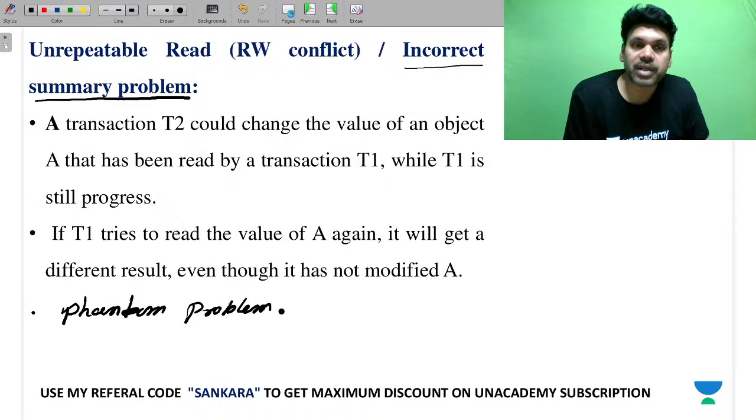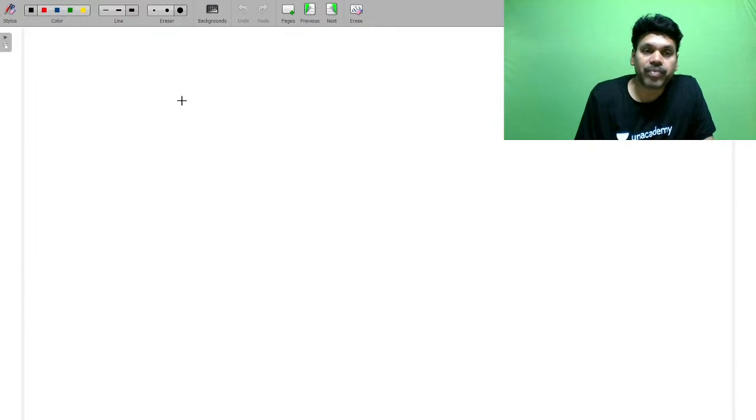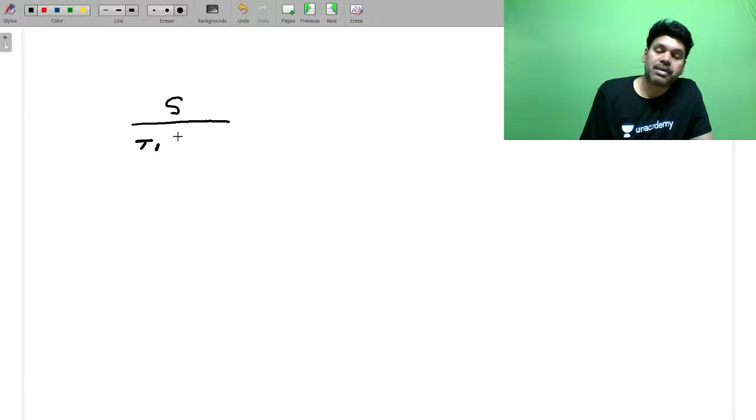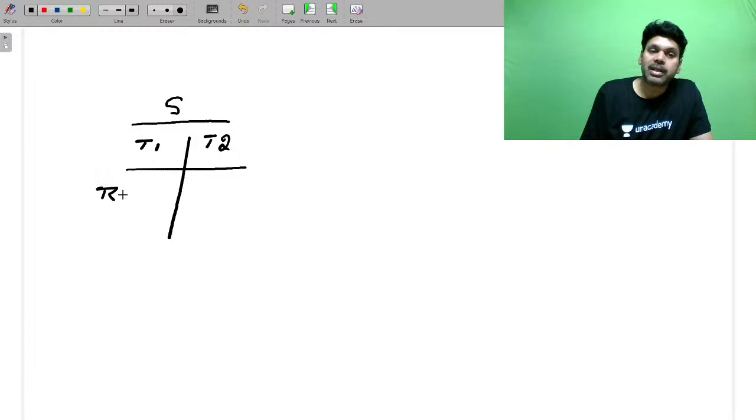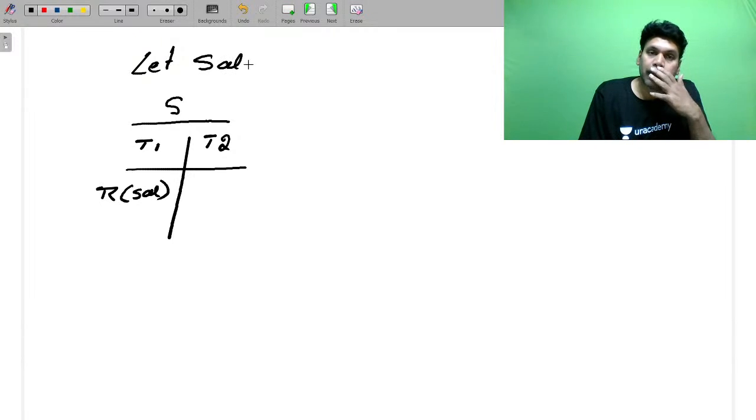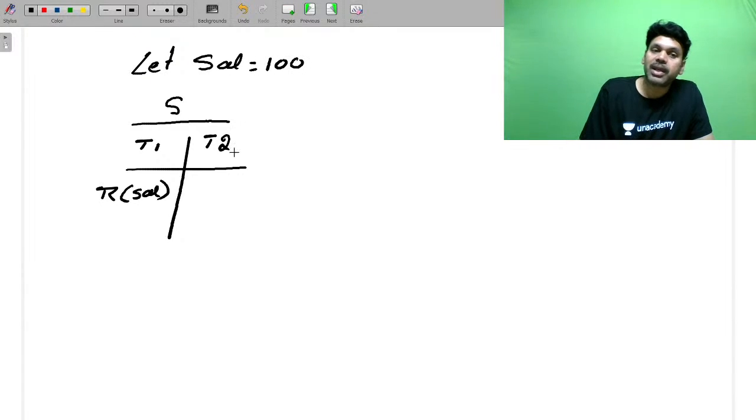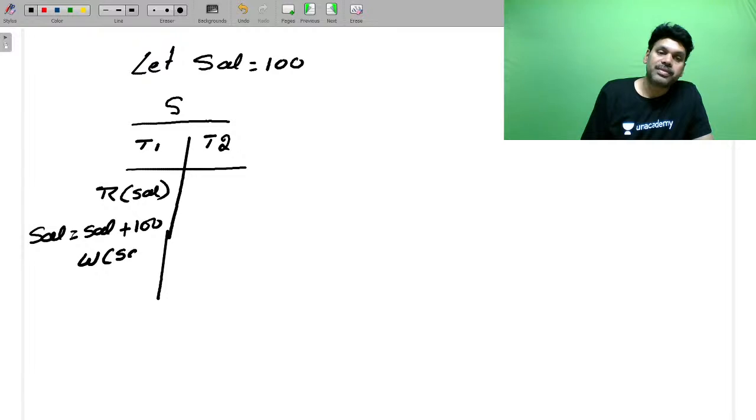Now let us cross check one sample example. There is a schedule S which consists of a few transactions like T1 and T2. First I am performing a read of sal. Initially we guess the salary is something like 100. Then I say sal is equal to sal plus 100, then W of sal.